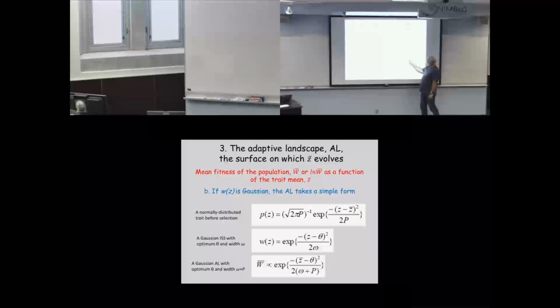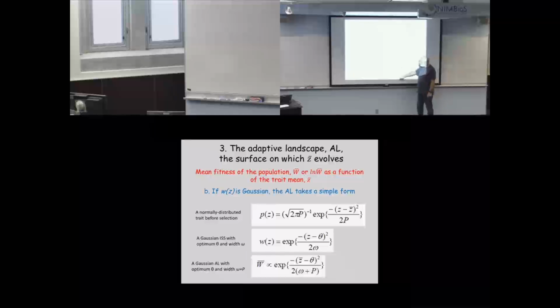So when we look at the Gaussian ISS, omega here is playing the role that variance in the trait before selection played in the normal distribution. But remember, this function is not a probability distribution. It's not a normal curve. It's a Gaussian function, right? Fitness is a function of trait value. So this can't be a variance, right? This omega is like a variance, and it's defining the width of the function.